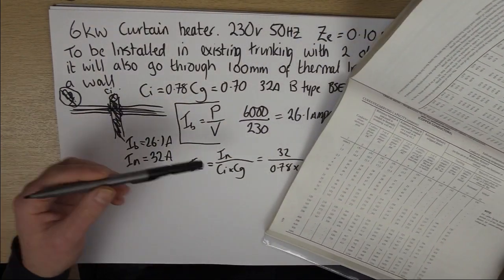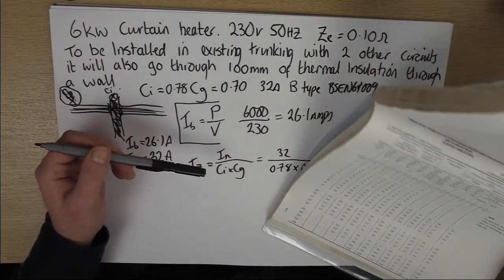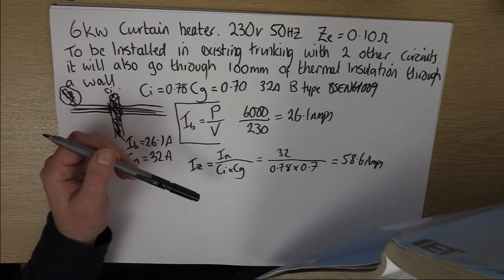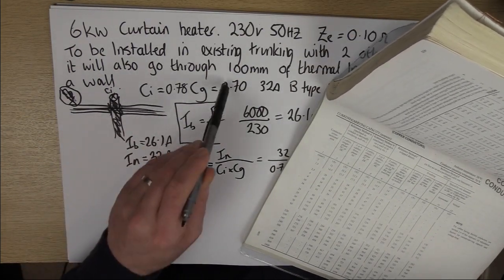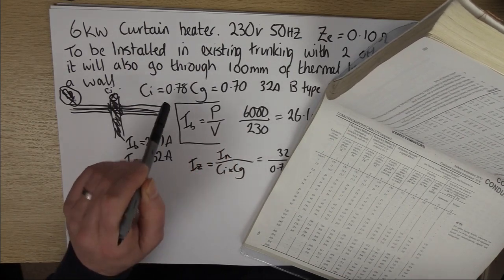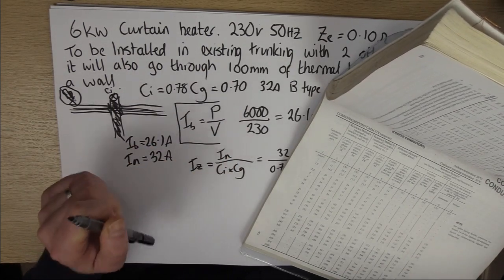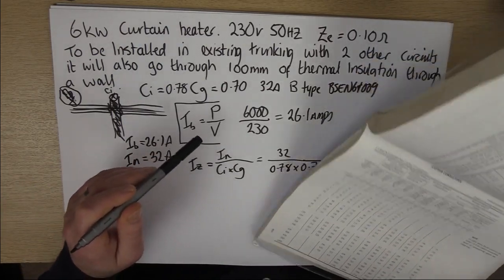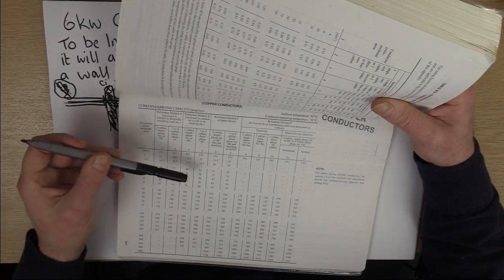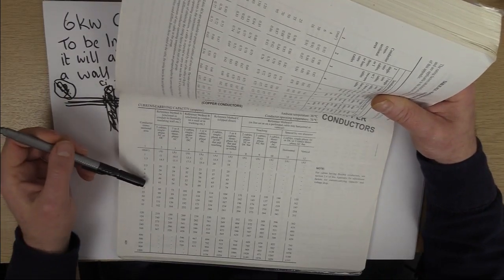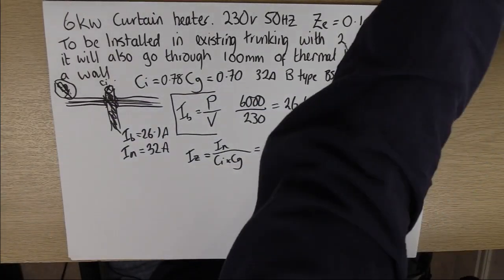Oh look, just missed 10 mil there. 58.6, and that's where it's worth getting involved with these grouping factors, because we might be able to alter that if only we knew more. But we don't, so we've got to go with this 58.6, and it says essentially that we're looking for a 16 mil.